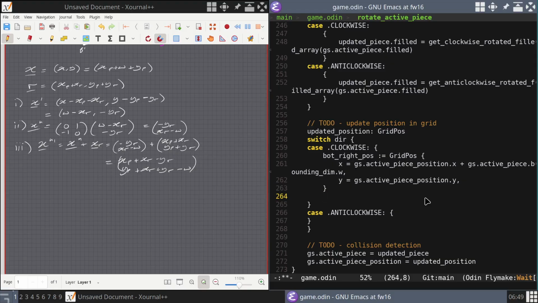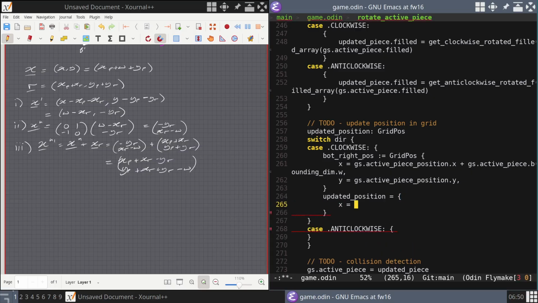So if that's our bottom right position, which is our x, essentially, it's the point we're going to translate, then updated position can be equal to x equals bot right position dot x, that's xp, plus xr. We don't have anything for xr yet, which was a mistake. So let's go ahead and put that on piece.